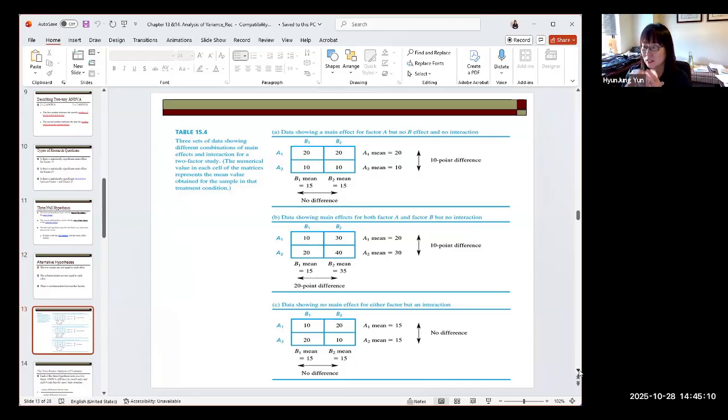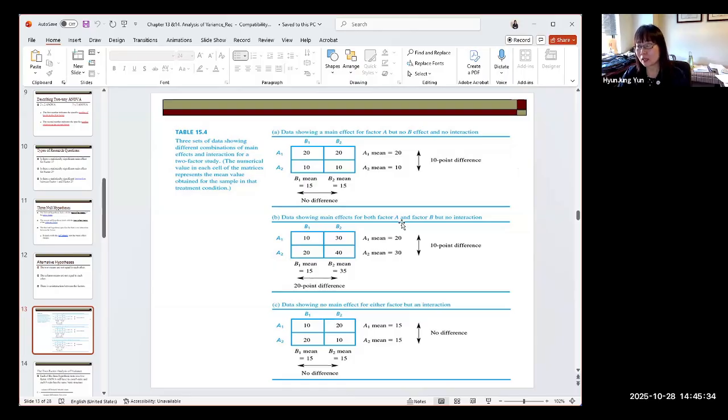So let's look at this. When you have two variables, A variables and B variables, and you compare A1, A2, or B1 and B2, just look at this table. When you see some differences between A1 and A2, that means there's a main difference in the A variable, but not in the B variable, right?